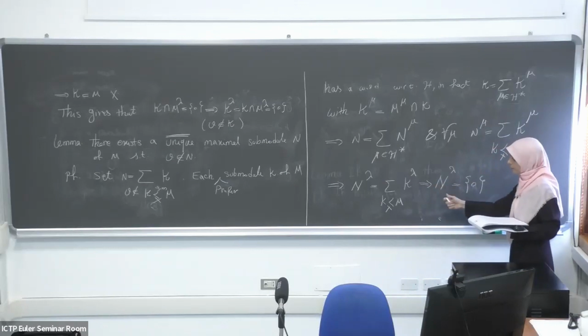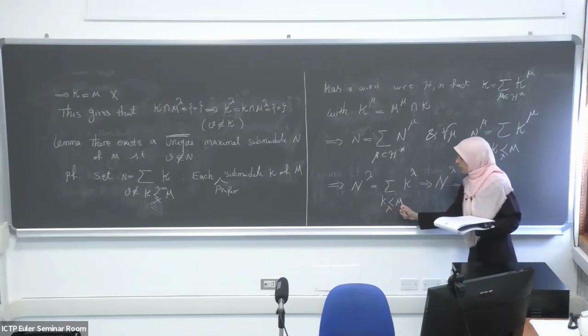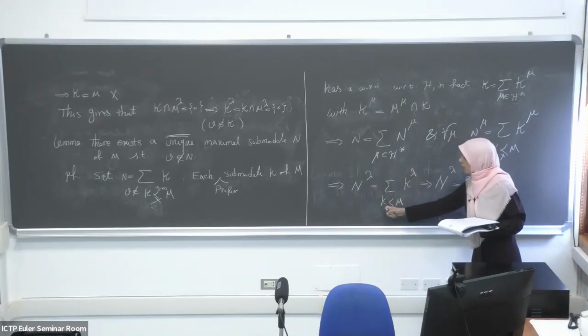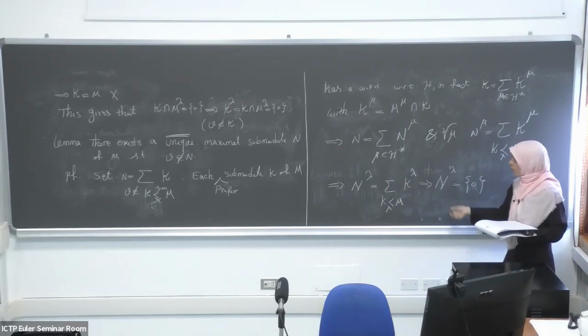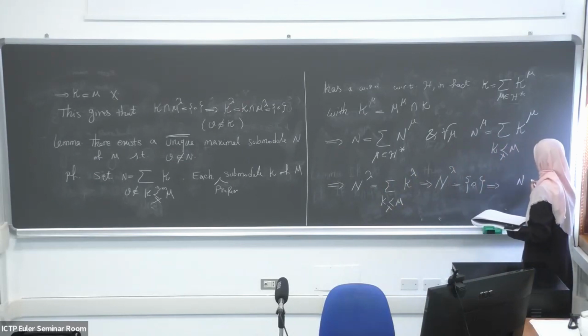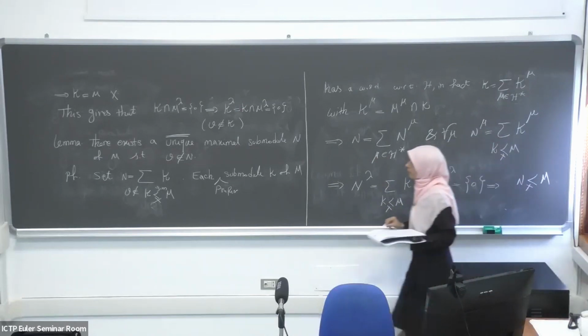In the previous lemma, I showed that if K is a proper submodule of M, then K lambda is 0. So N lambda is a summation of K lambda. When K is a proper submodule of M, K lambda is 0, so N lambda is 0. It means that N is a proper submodule of M.